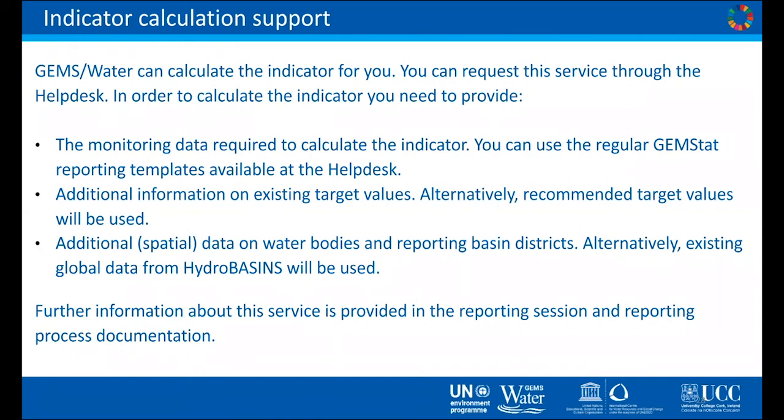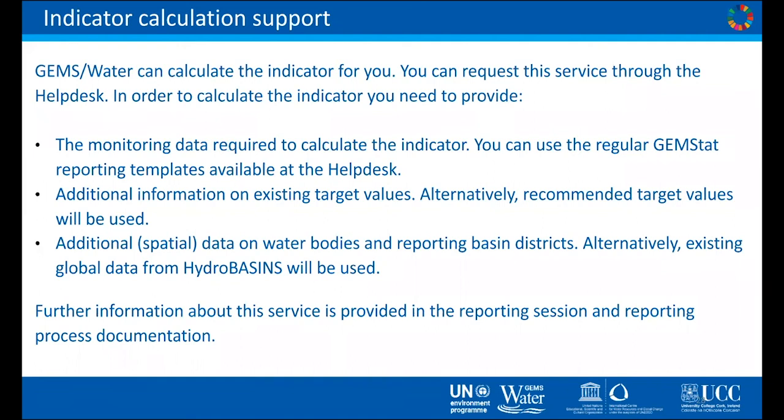This extra information includes monitoring data to calculate the indicator and target values for your country, water bodies or reporting basin districts. Alternatively, if there are no target values available, we can use the optional ones that were introduced in the last slide. In addition, we need information on the water bodies and reporting basin districts that you would like to be used for the indicator calculation.